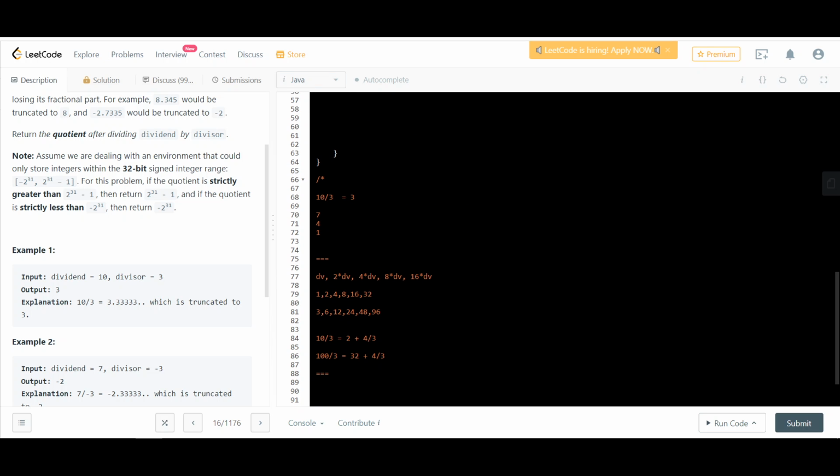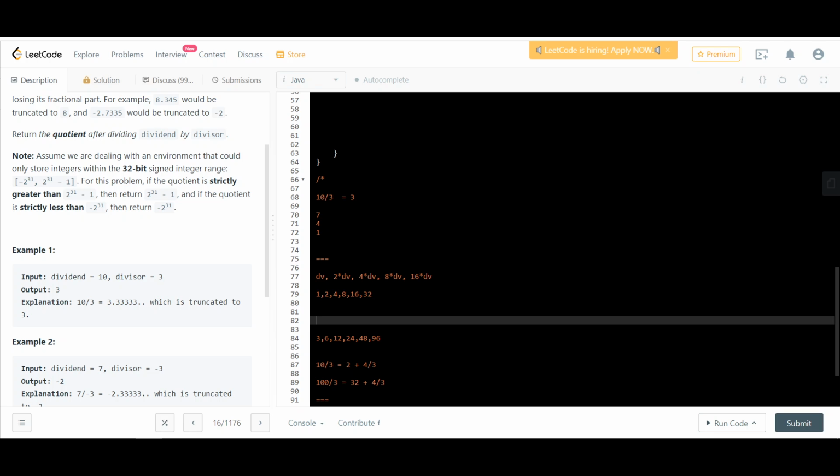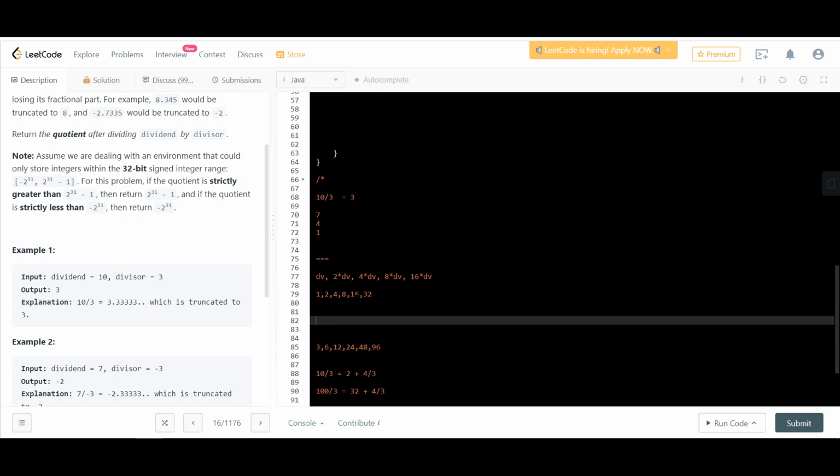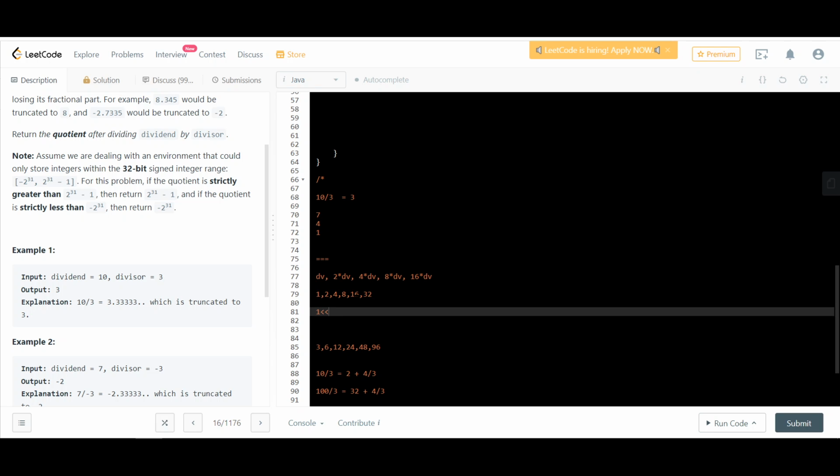And how do we get these powers of 2? Well, a single left shift will multiply by 2, correct? So this is 1 left shifted by 0, this is 1 left shifted once, this is 1 left shifted twice, this is 1 left shifted thrice, and so on.